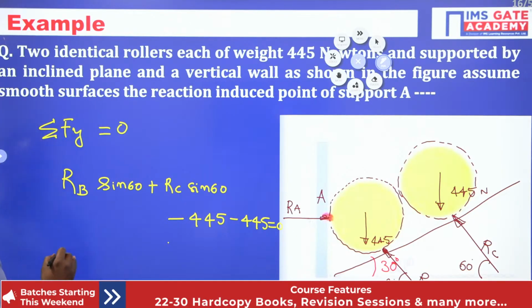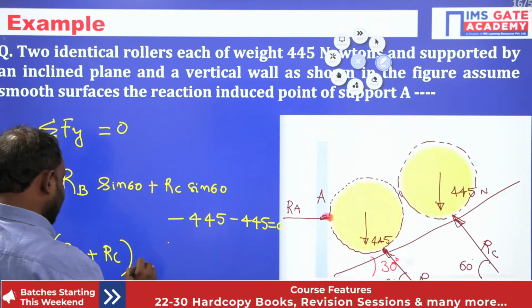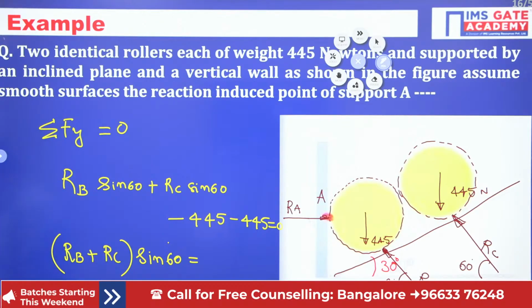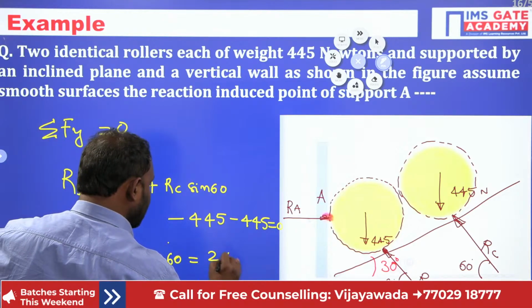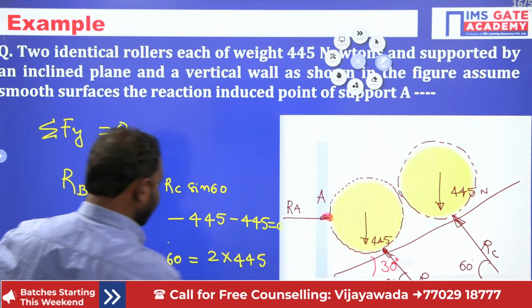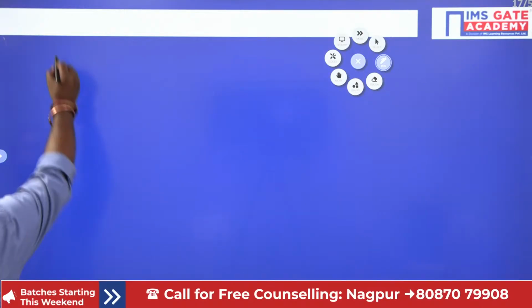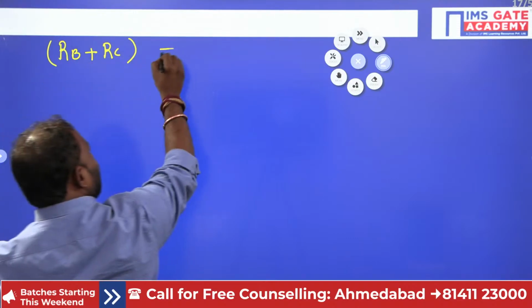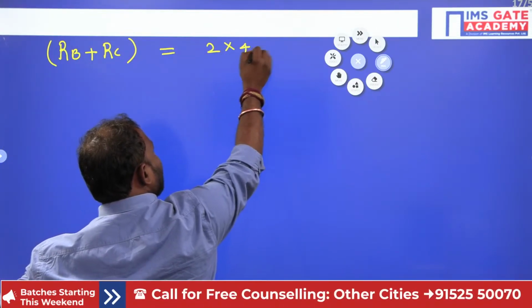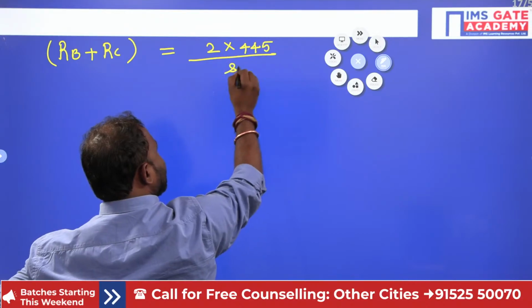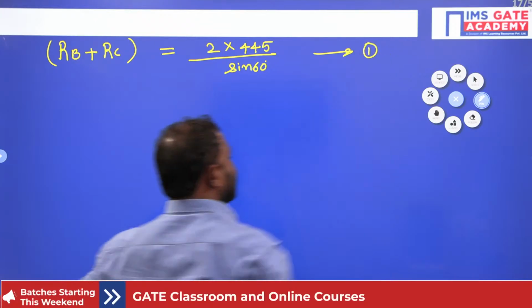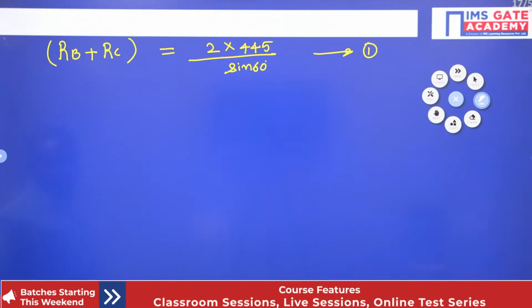From here I can write RB plus RC sin 60 equal to 2 into 445. Right. Now I'll simplify my equation. RB plus RC equal to a value. Okay.